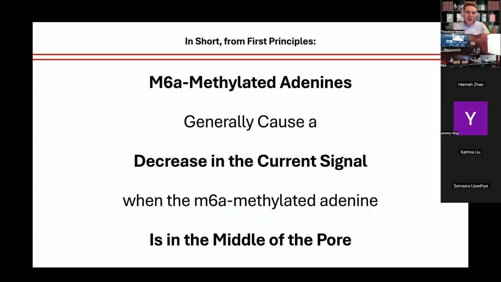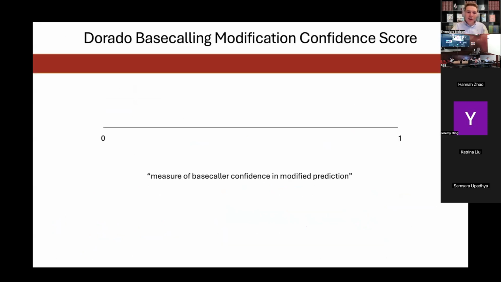the modified base calling output, developed their own new metric for modified base calling. It's called the modification confidence score. You can set basically when and how it outputs this score, but it's output along with the modification models that you run for a particular sample, and it is a measure of base caller confidence in a modified prediction.